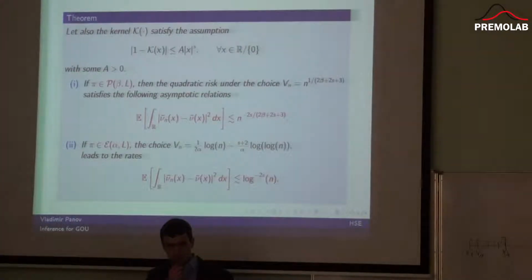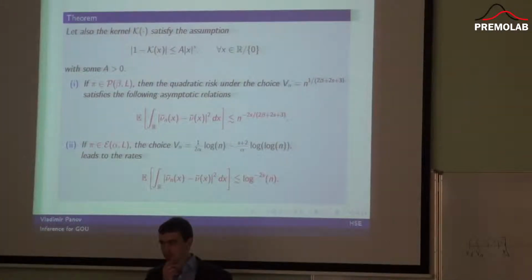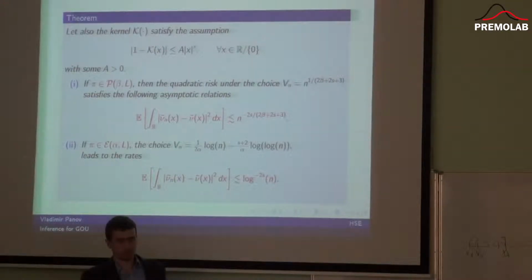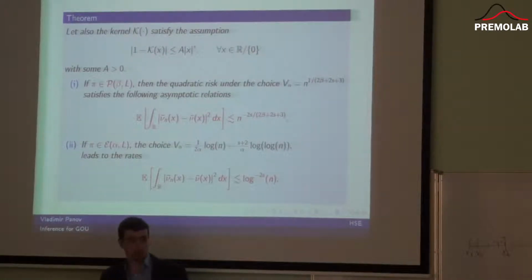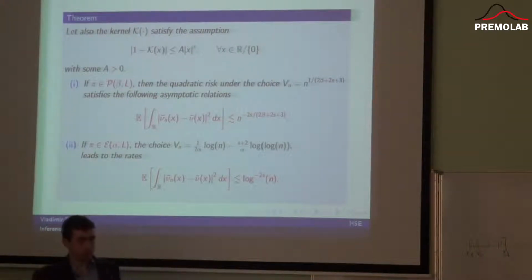I think especially for dependent data, there is no log, yes? At least in the lower bound, we don't have a log. So maybe the problem is that we use Davydov inequality, as Denis said, and there are some stronger results like Rio inequality.